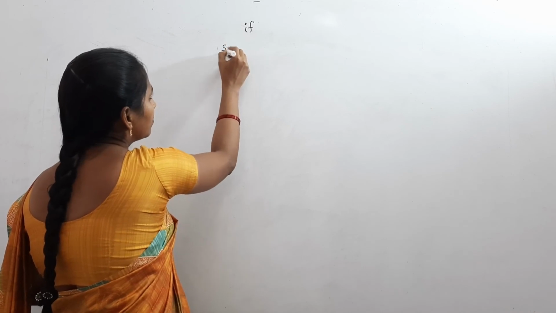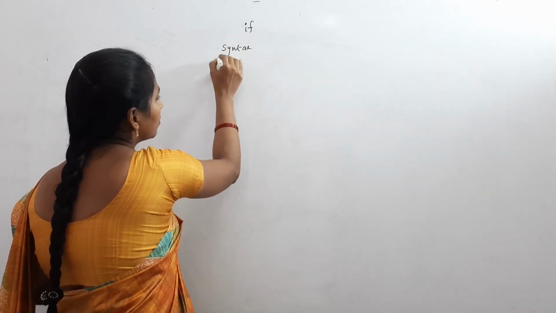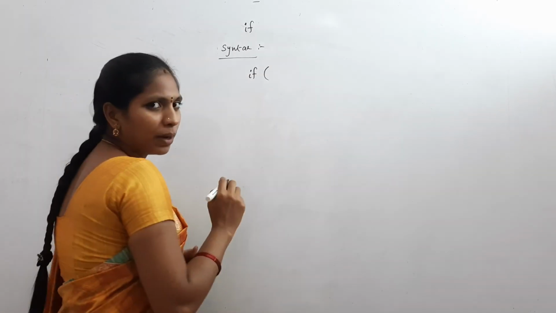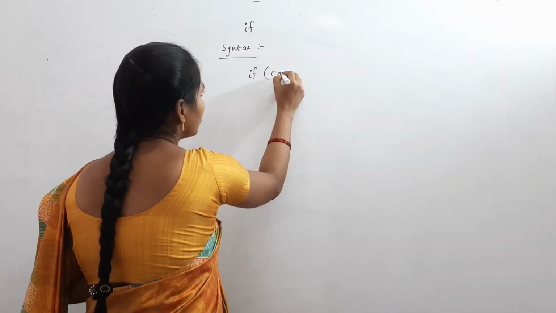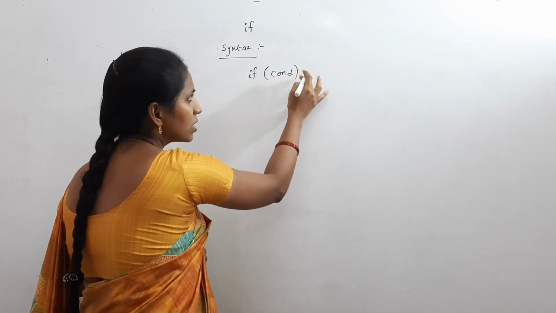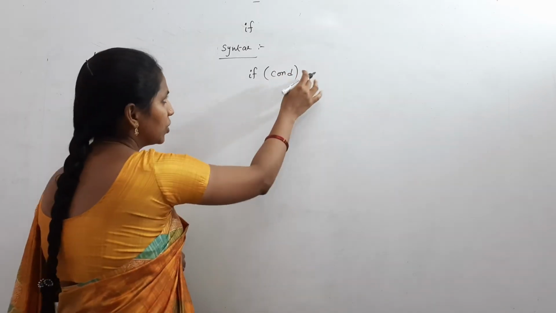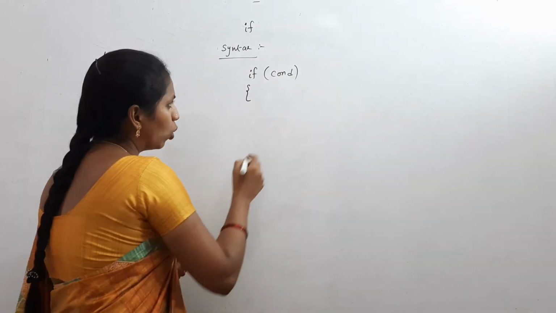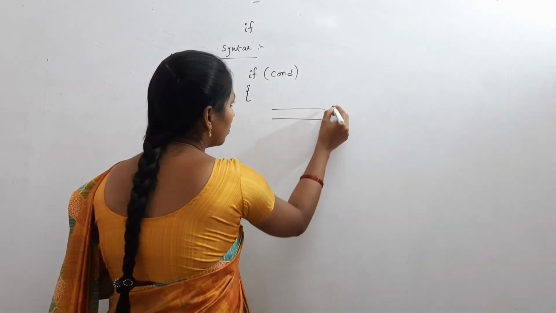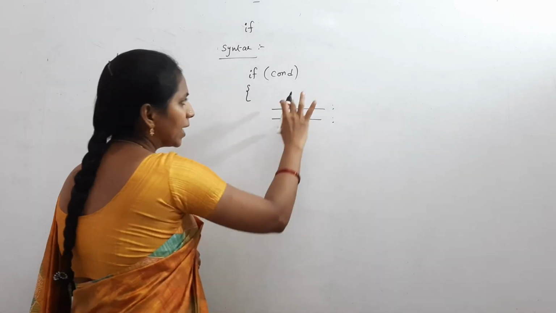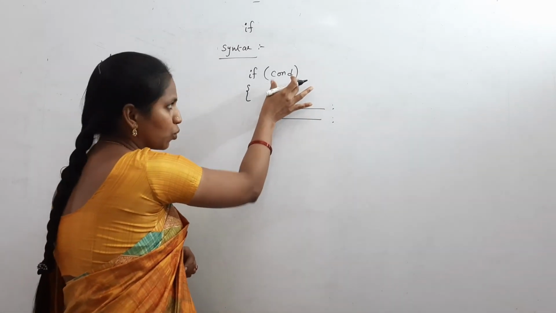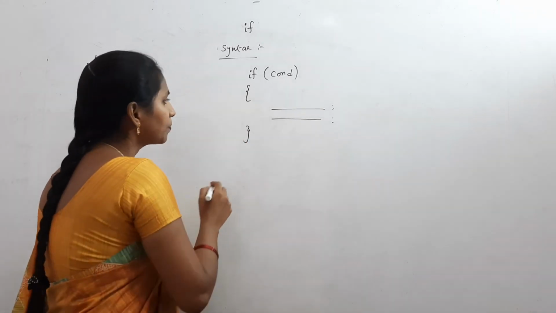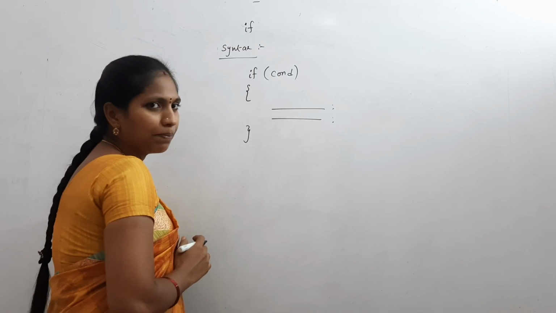Syntax is: if, within normal brackets write a condition. Don't give a semicolon after writing this condition. If, within brackets the condition, then open a flower bracket, write the statements you want to execute if this condition is true, then close the flower bracket. This is called a simple if.